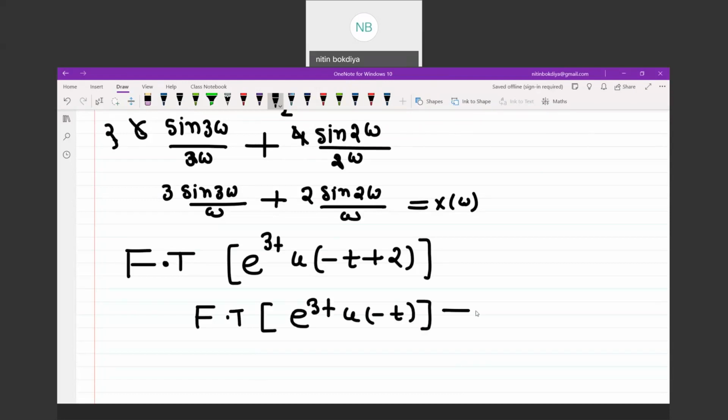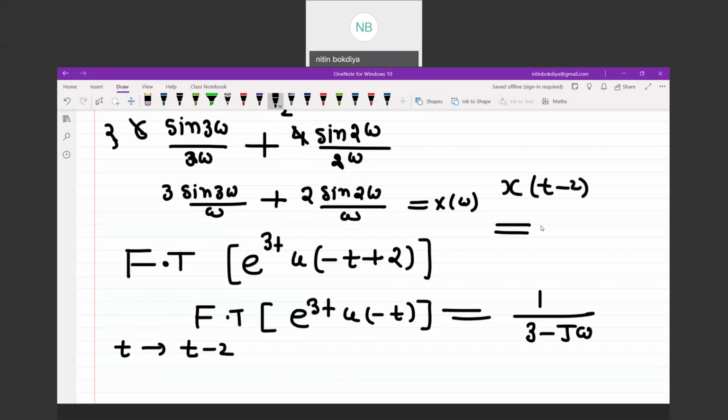The Fourier transform of this function is 1 divided by a, which is 3 minus iota omega. Now we want a t minus 2 term, so let's replace t by t minus 2. And we know that when x of t becomes x of t minus 2, x of omega gets multiplied by e to the power minus 2 iota omega.